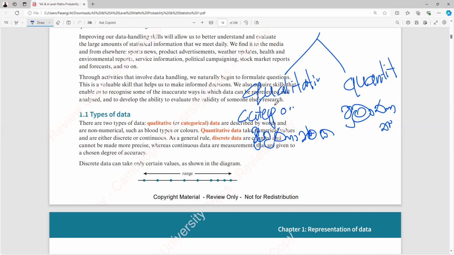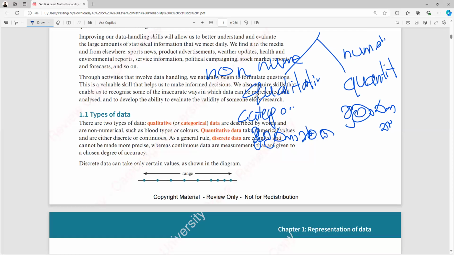So those kinds of data come under qualitative or categorical data. We can call this non-numerical data, and quantitative data numerical data. All these names refer to the same thing.